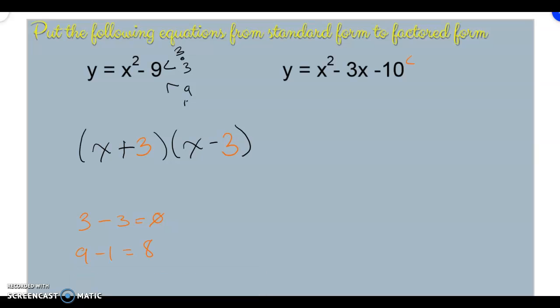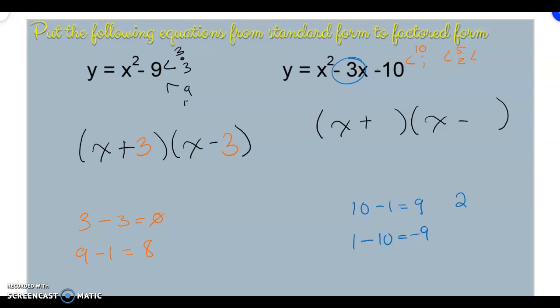Now for this one right here, the factors of 10 are 10 and 1, and I have 5 and 2, and that's it. So now I can factor. Since I have a negative 10, one of the symbols needs to be positive, one needs to be negative. So if I do 10 minus 1, that only gives me 9. I'm looking for a negative 3 in the center. So if I flip them around, I still get negative 9.